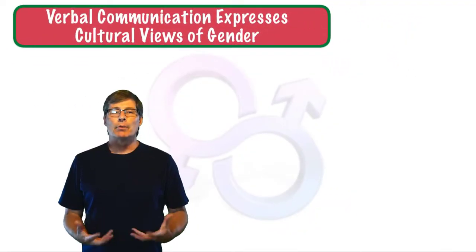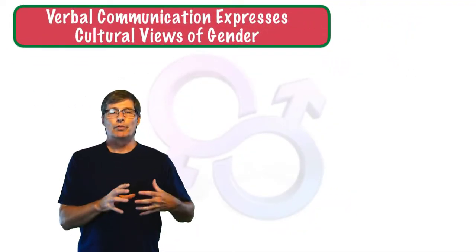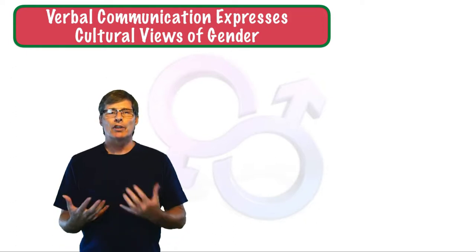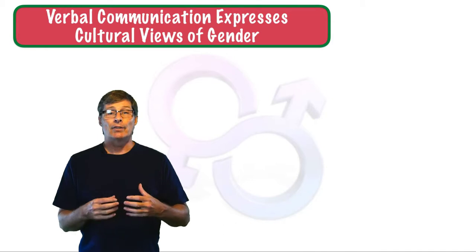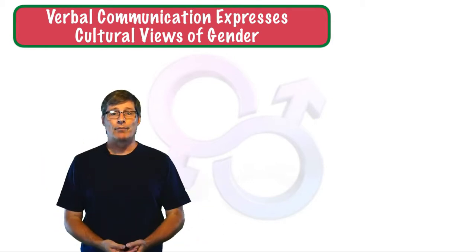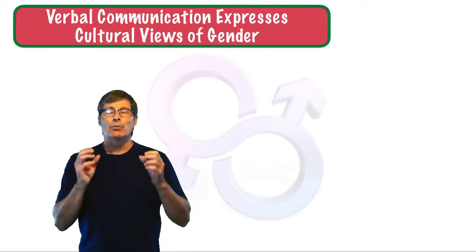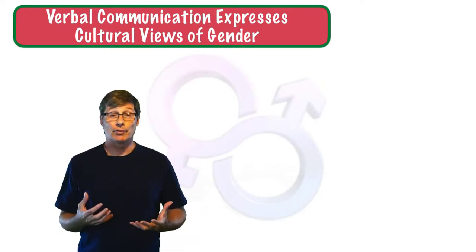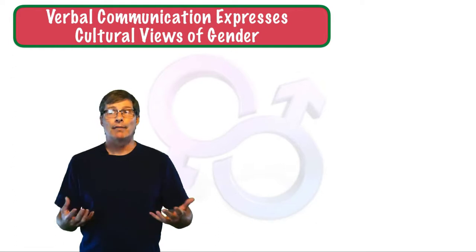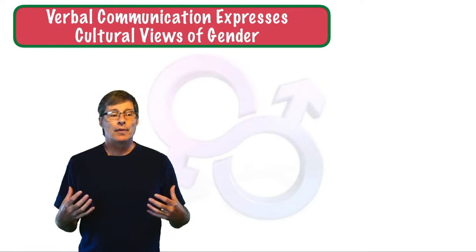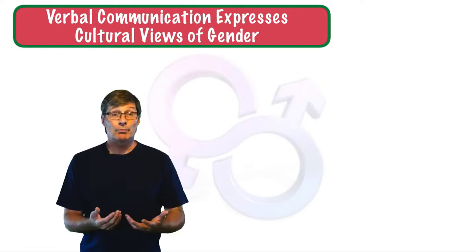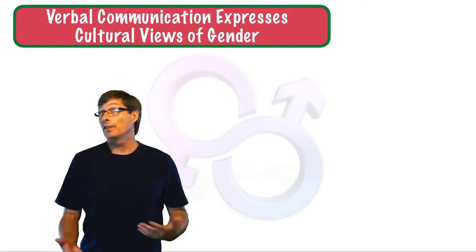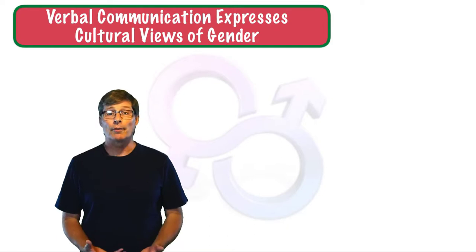So let's look at verbal communication as it expresses cultural views of gender, and we'll look at some very key points, okay? So we're going to do this one looking at the cultural perspective. Language is one of our more complex symbol systems. Now, we are, as humans, very dependent on the use of symbols, especially when it comes to the explanation of and the understanding and expression of our culture.